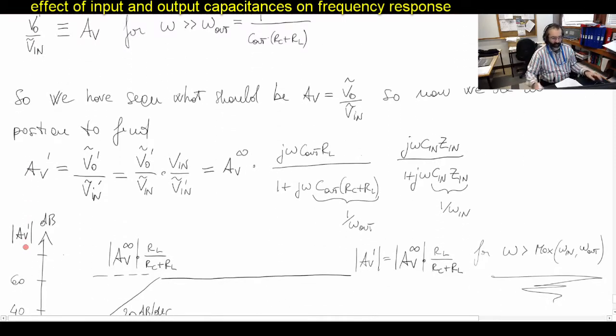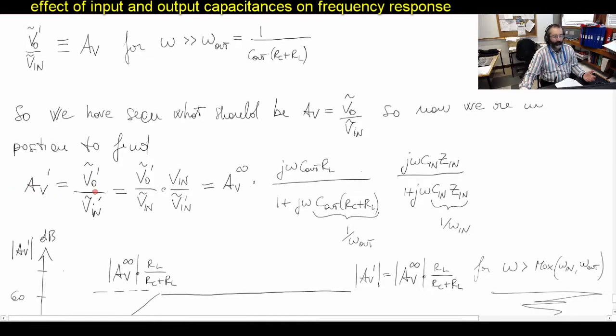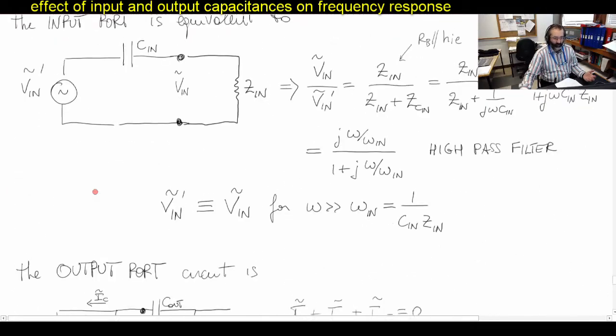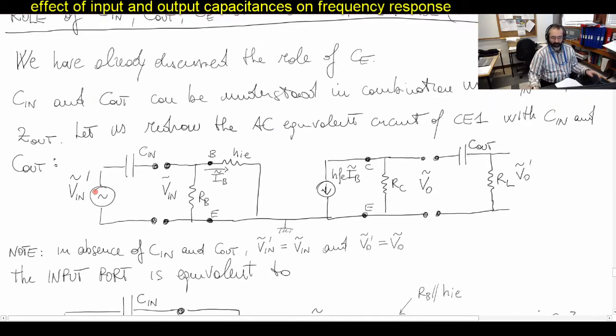And that's what we do here. So we could write AV prime, which is defined as VO prime over Vin prime. Remember that if we go back to the initial circuit, we are now trying to calculate the ratio between this VO prime and Vin prime here. This takes into account the effect of the capacitors that are there.